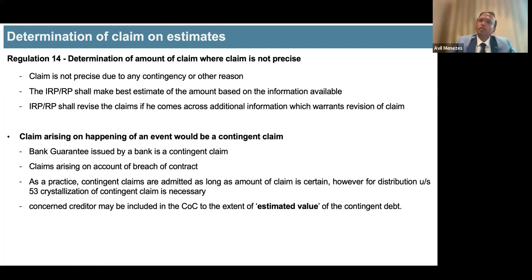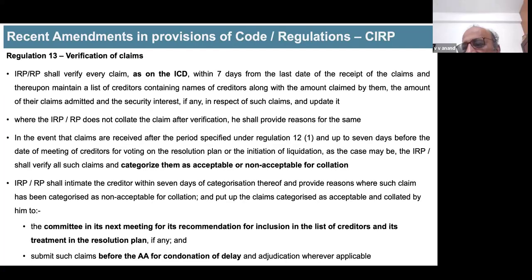It's a simple case of rejection of claim. But if the claim is rejected, do I have to also put it up to the adjudicating authority? No. Only those claims which you have categorized as acceptable. Only those. I see. And some of them may have been delayed claims. All of them would be delayed claims.